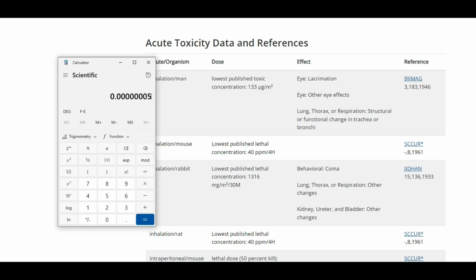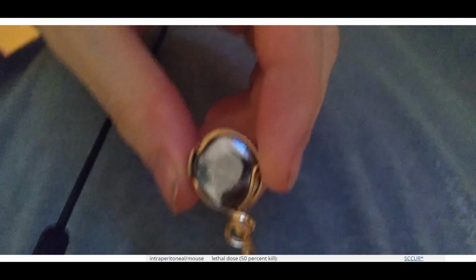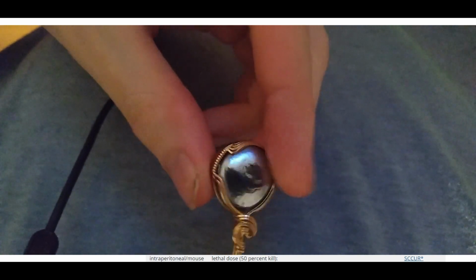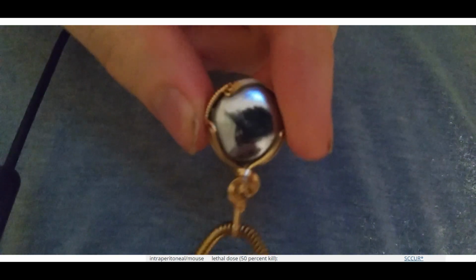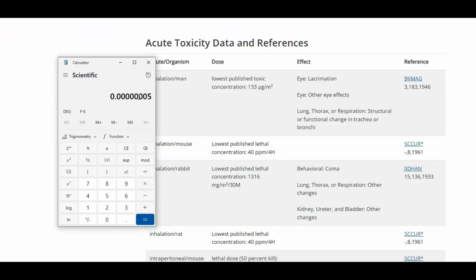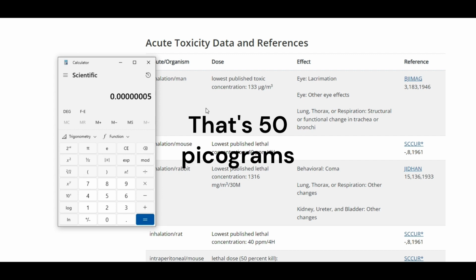No, that's how much has been produced around me from my pendant that I wear 24/7 within the past hour alone. Now that's below the nanogram range. Oh, that is ridiculously small. What the hell unit of measurement is below nanograms?